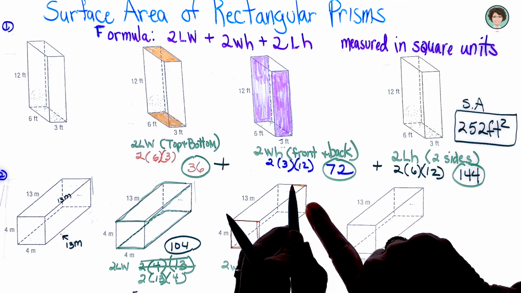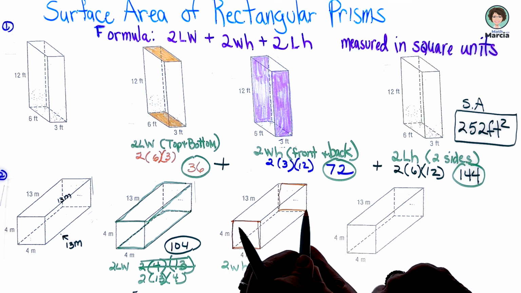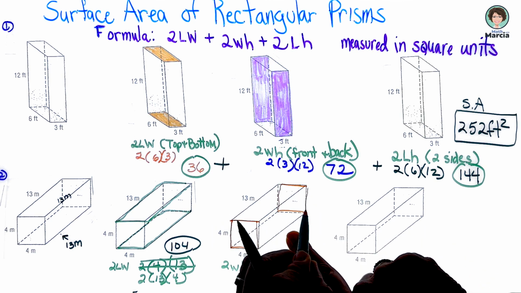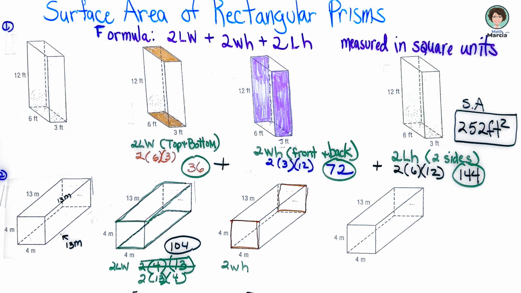Whoops. And here is my back. So we have 2 of those. And notice the dimensions: 2 times the width, 4, and the height is 4. So when we multiply those together, 2 times 4 is 8 and 8 times 4, we end up with 32. So there are my two numbers so far.